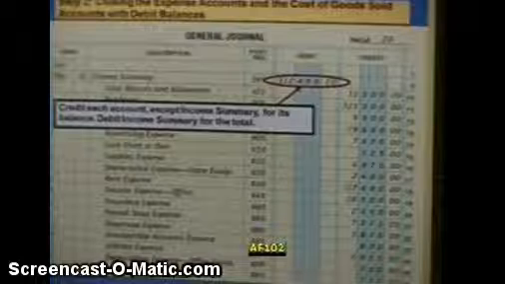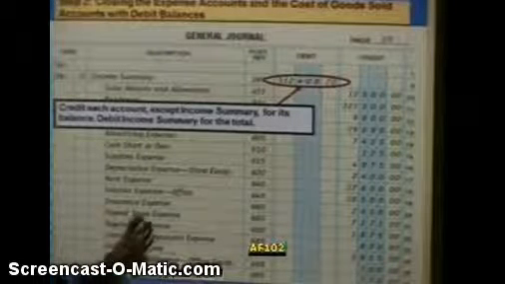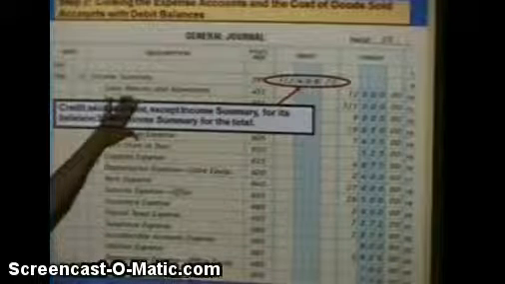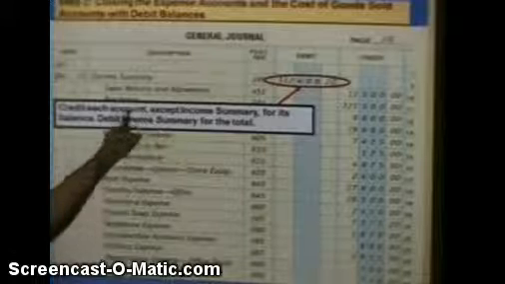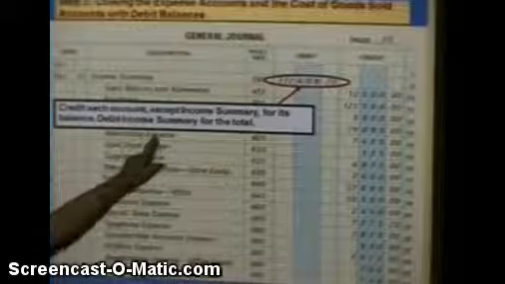So now you're going to credit each account except the income summary for the balances and debit income summary for the total of all your cost of goods sold accounts that had a debit balance, which would be things like your sales returns and allowances, your purchases.